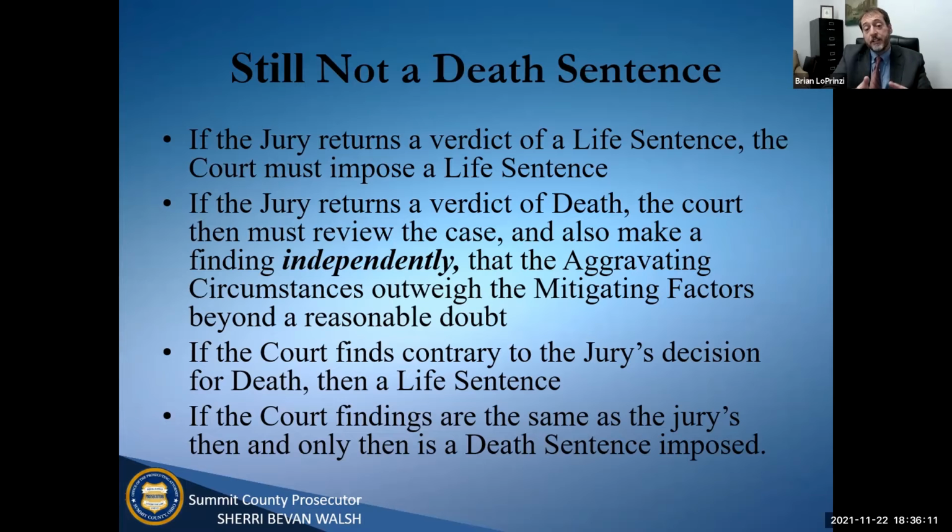And then if they decide and agree with the jury that the aggravating outweighs the mitigating, then it's a death sentence. That continues on. If the judge disagrees with the jury, so the jury found unanimously for the death sentence, but the judge said, no, I don't think that the aggravating outweighed those mitigating, death is off the table, not a possibility anymore, even in the future.